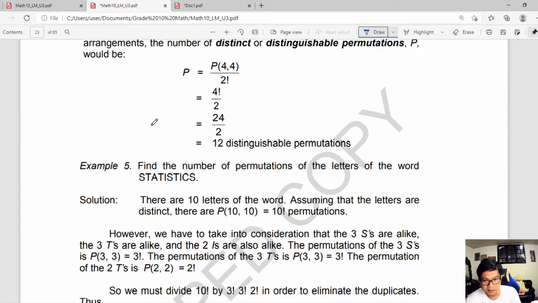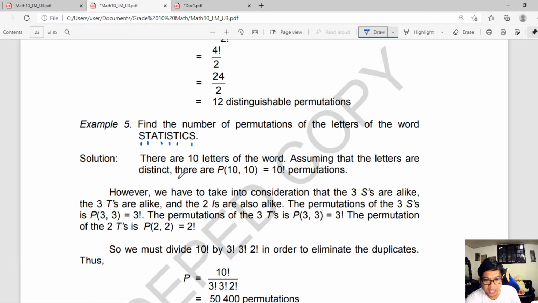Another one. Find the number of permutations of the letters of the word statistics. You will notice that there are 3 S, tatlo yung S, tapos tatlo din yung T. So you notice that one, and meron pa, dalawa yung I. So there are 10 letters of the word statistics.